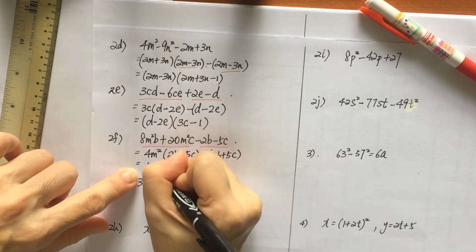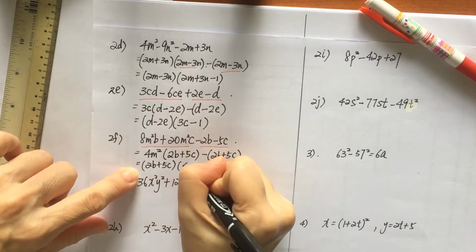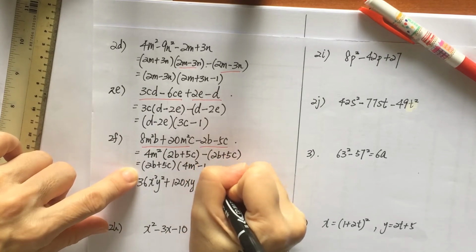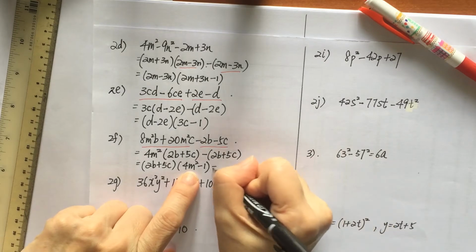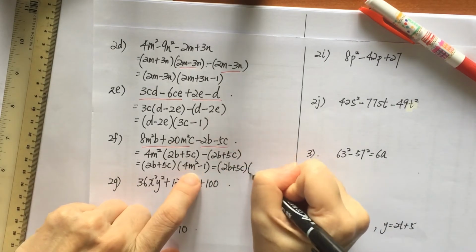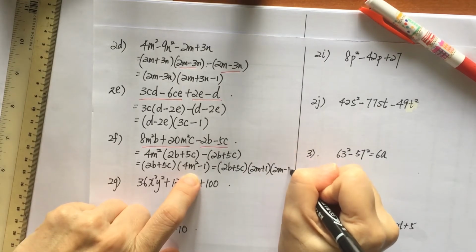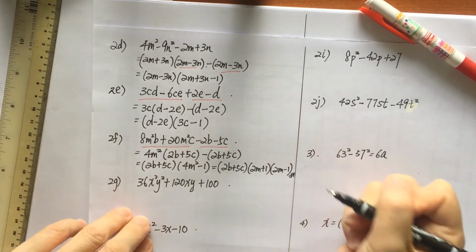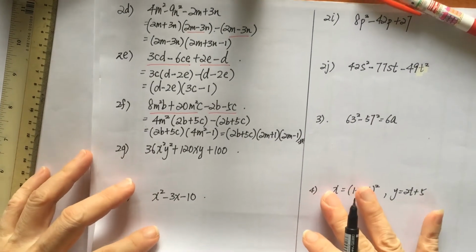So 2b plus 5c is a common factor, and I have 4m square minus 1. This is factorized, but the factorization is not complete. So I can continue factorizing this part to be 2m plus 1 and 2m minus 1. This is then complete.